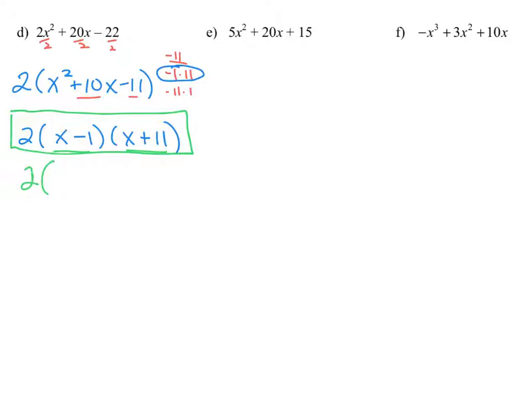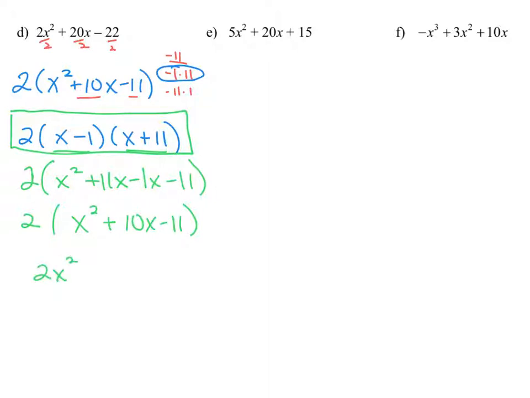So when you do the first, x times x is x squared, the outer is plus 11x, the inner is minus 1x, and the last is negative 11. By combining the middle terms, you get x squared plus 10x minus 11, and then by distributing the 2, you get 2x squared plus 20x minus 22.